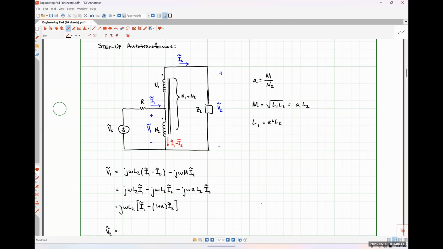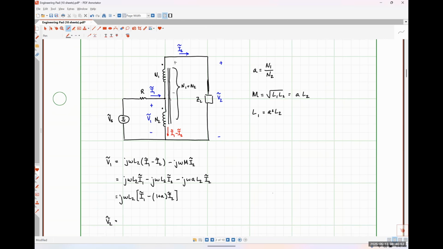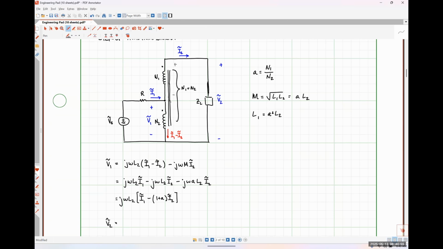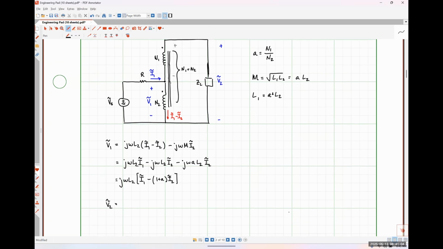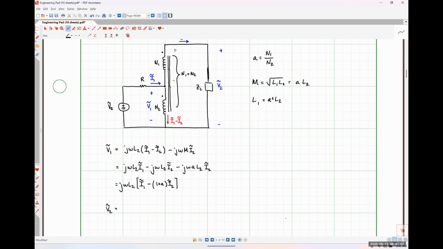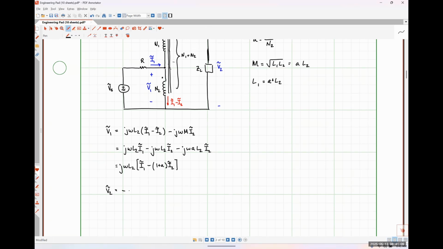I'm essentially going to treat it as if I have some voltage, positive polarity on the dot, negative polarity on the not dot. So my current I2 is flowing into the undotted terminal. My self term for that coil N1 is going to look like minus j omega L1 times I2.